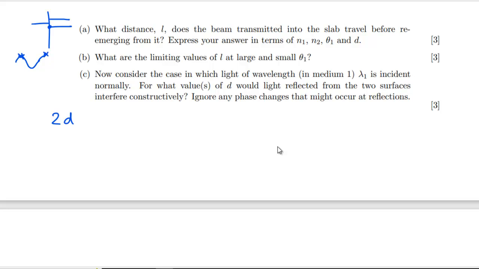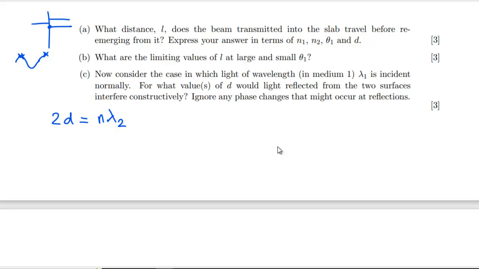So we need 2d, the distance in here, to be multiples of the wavelength, but the wavelength inside the medium, not the wavelength outside. So that's going to have to be lambda 2 that we've got there.